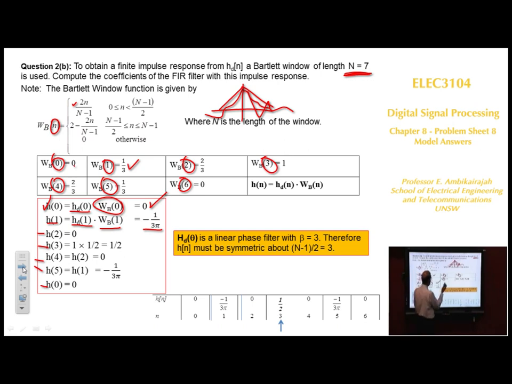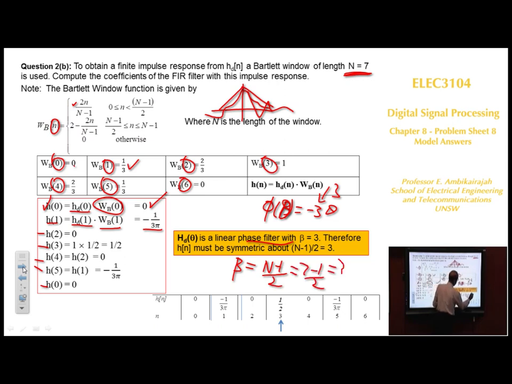But remember that it's a linear phase filter, and for a linear phase filter, the phase we found as minus 3 theta, right? Sorry, that's the phi theta, and the beta is 3. That means the beta is normally calculated as N minus 1 over 2. N is 7, minus 1 over 2, which is 3.